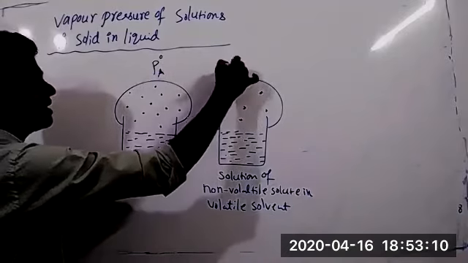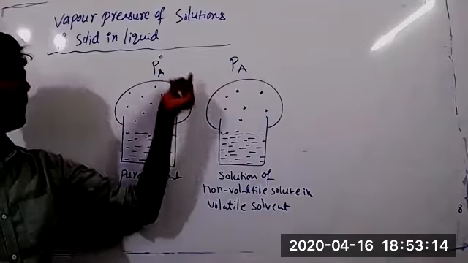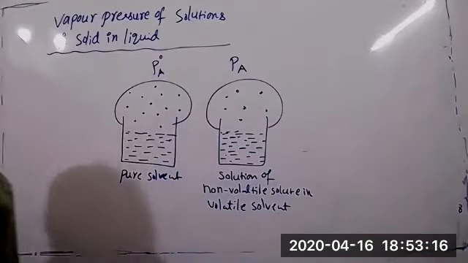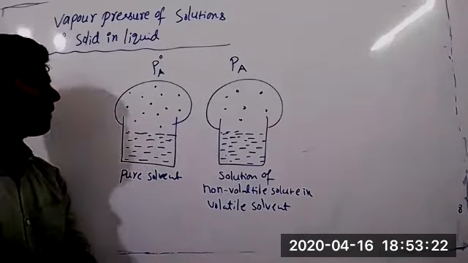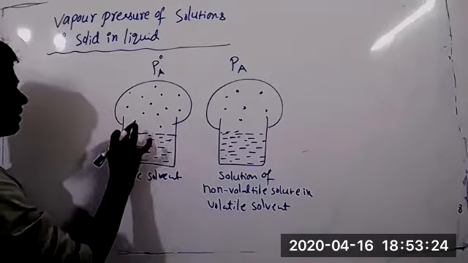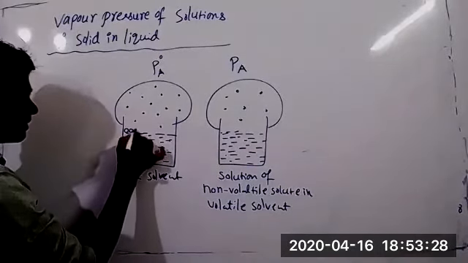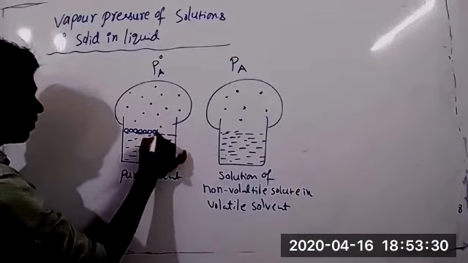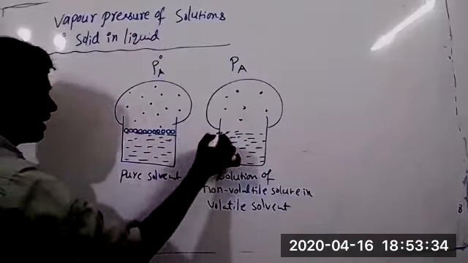Its vapor pressure is PA. Which is higher? Is PA the bigger value or PA power 0? Sir, PA. Sure? No, sir, P not A. Okay, P not A. Listen now. This is only pure solvent. The surface is covered with only pure solvent molecules. Here same solvent.